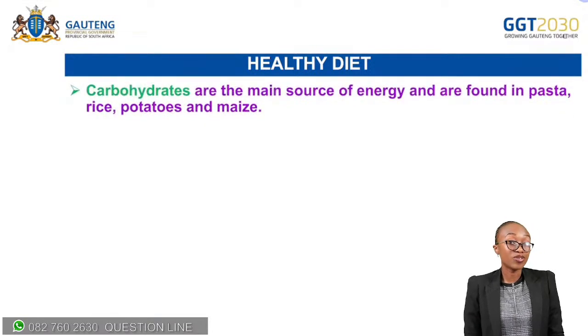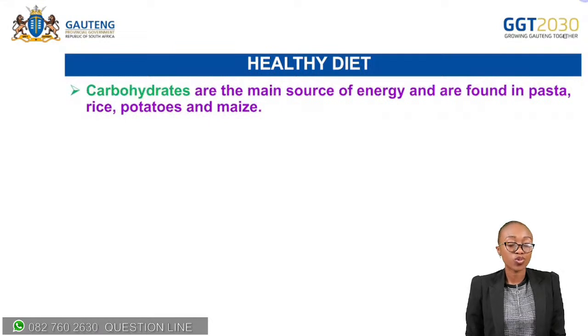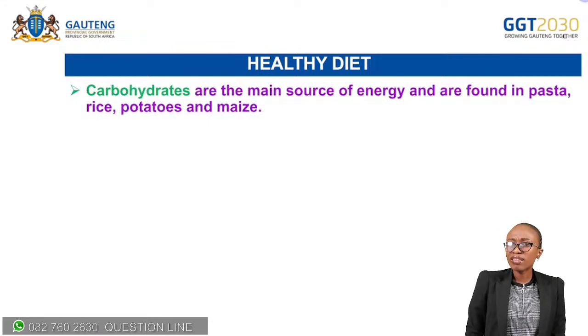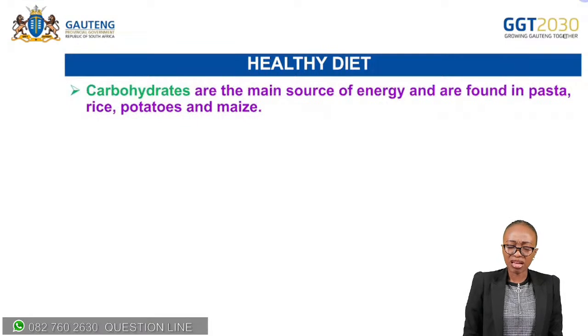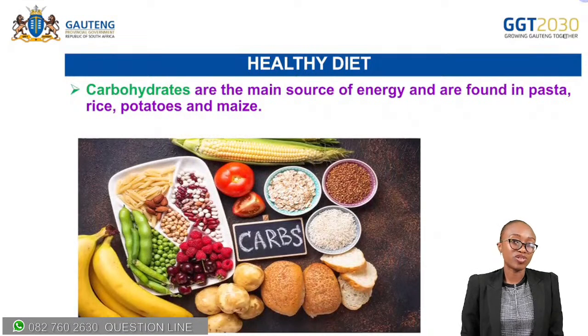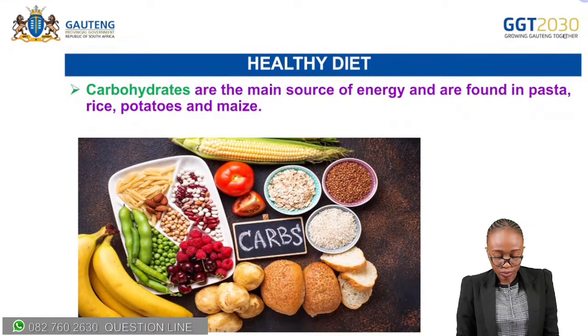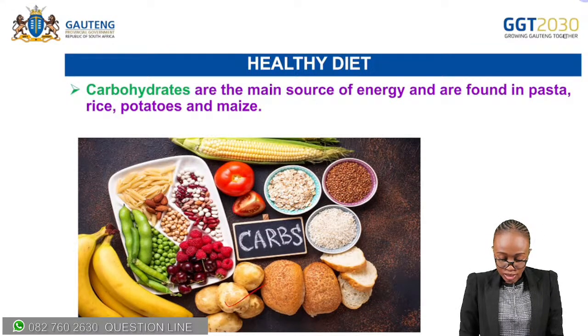Our next nutrient is carbohydrates. These are the main source of energy, and we find them in foods such as pasta, rice, potatoes, and maize. I also have a picture here to show you the foods I'm talking about. So we have potatoes, there's bread, there's rice, there's maize.